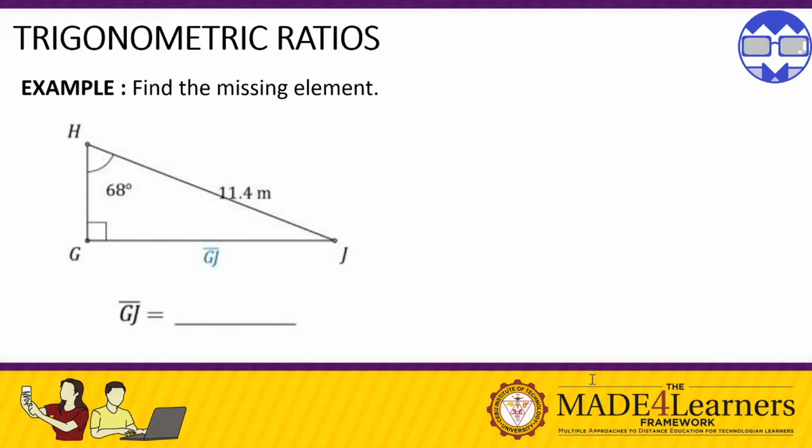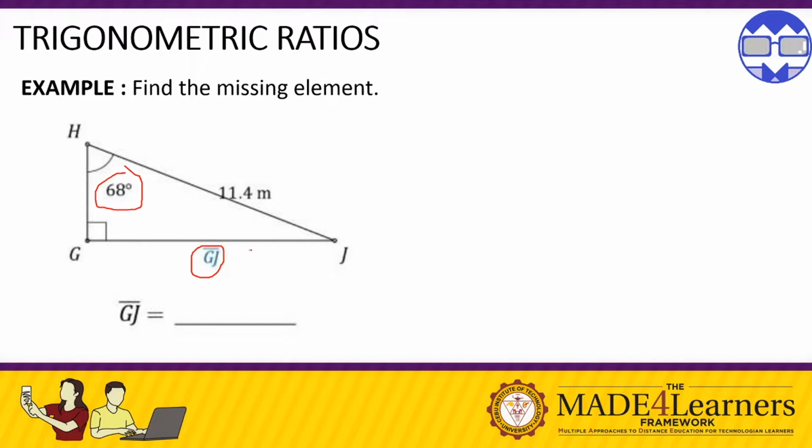Let's have example number 2. We have to find the missing element. Looking at the given, we have a right triangle. We're given an angle of 68 degrees, and we are asked to find this side.